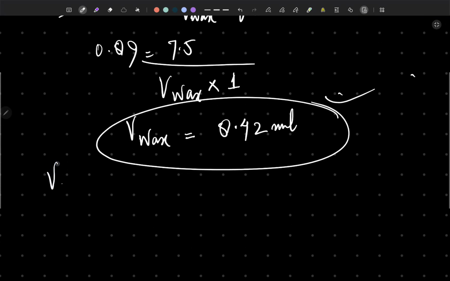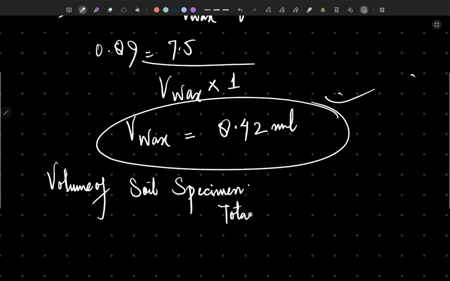That means the volume of soil specimen is how much? Total volume minus volume of wax.